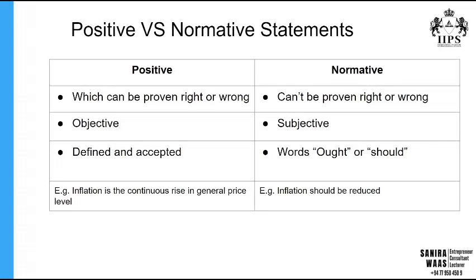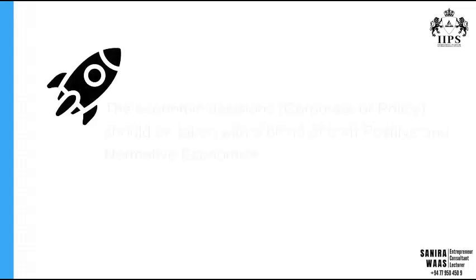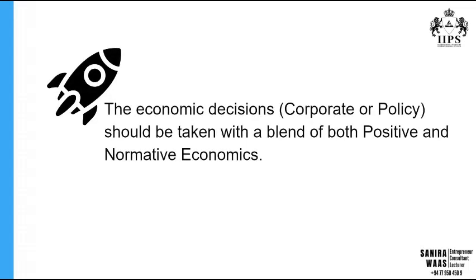Therefore, what we need to keep in mind, when we make decisions, is that it is crucial that we incorporate both of these two statements. The economic decisions, either corporate decisions or policy decisions, should be taken with a blend of both positive and normative economics, or normative statements.